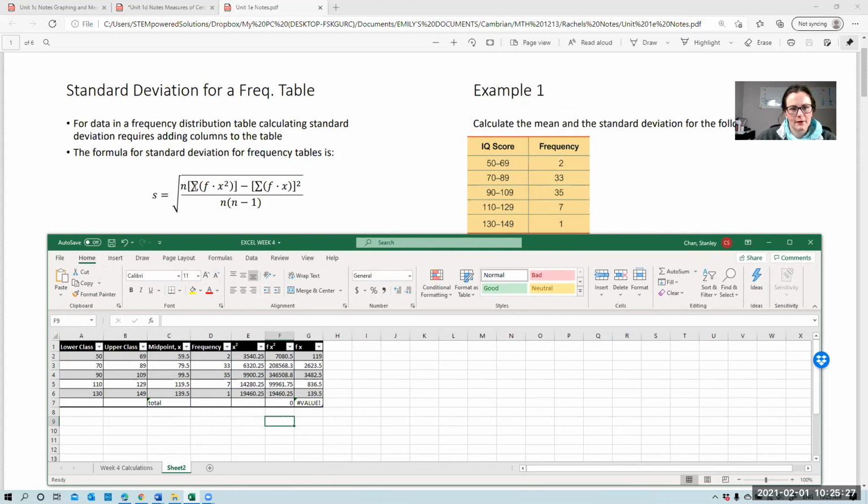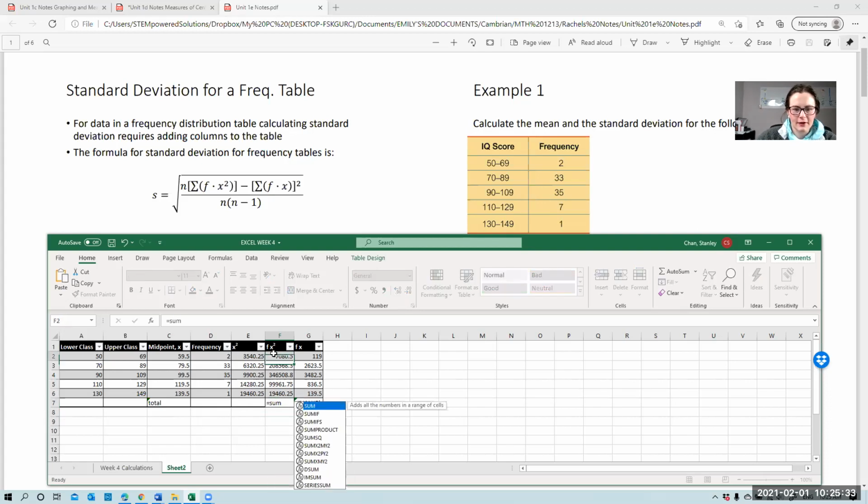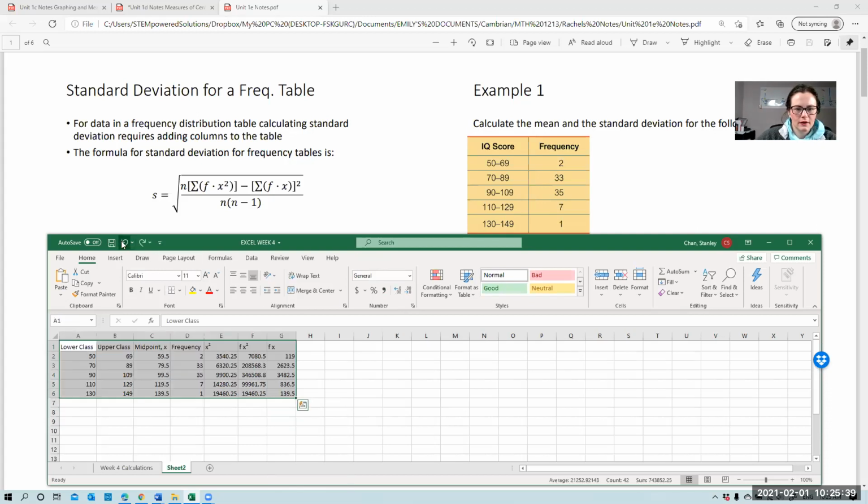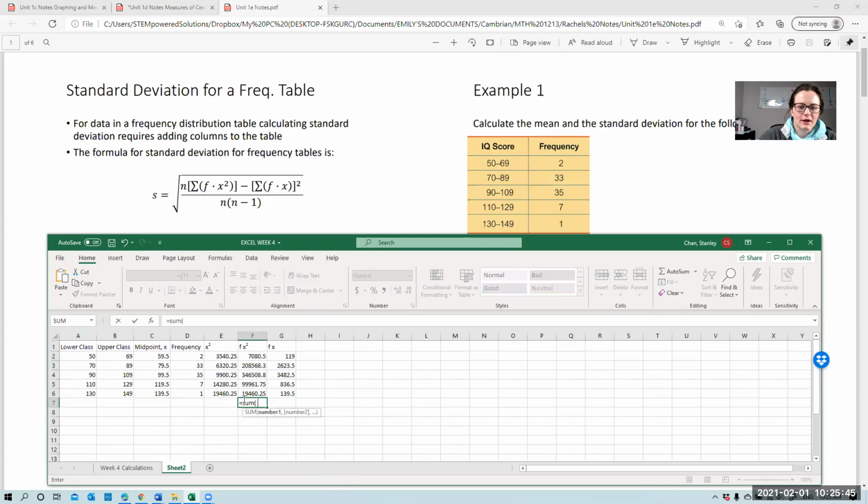The formula needs the sum of f dot x squared. So I'm going to sum all of these values right here. Whoops, undo. I'm actually not going to format my table for now, because that's not adding any value at the moment. Okay, so sum up all of these f dot x squared.